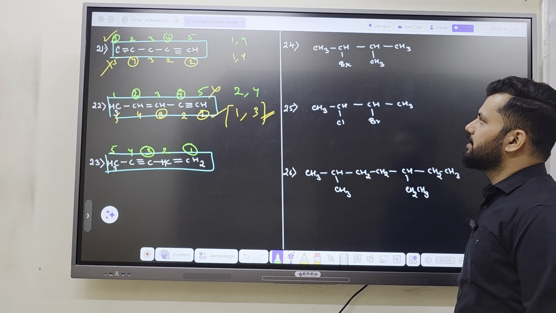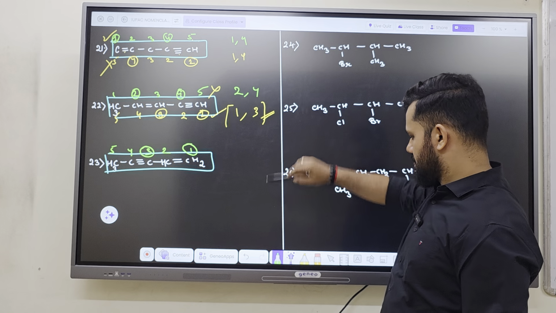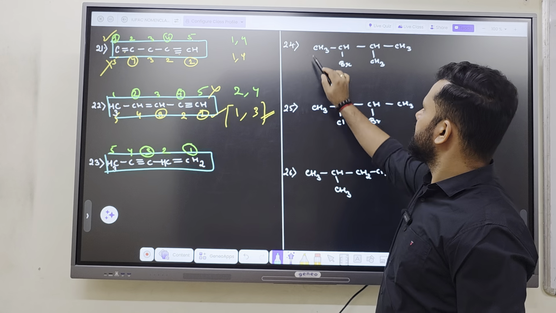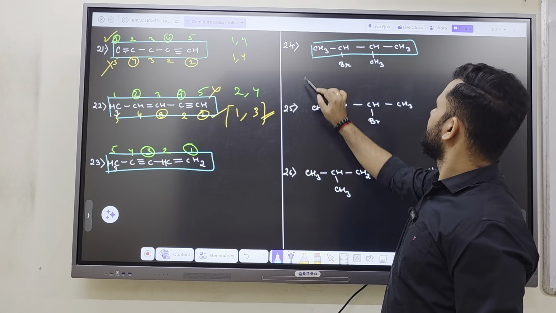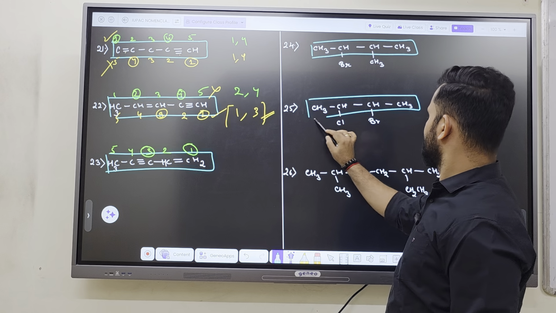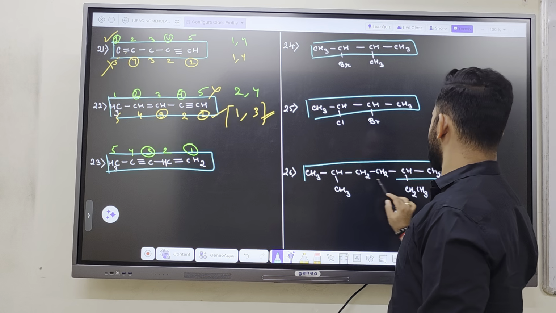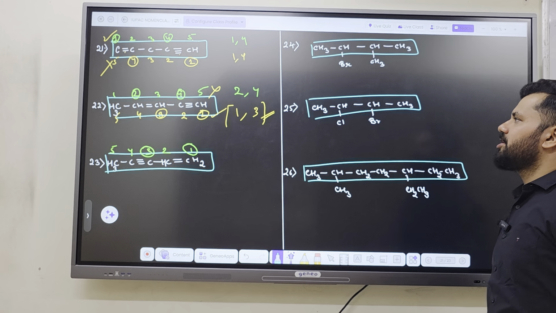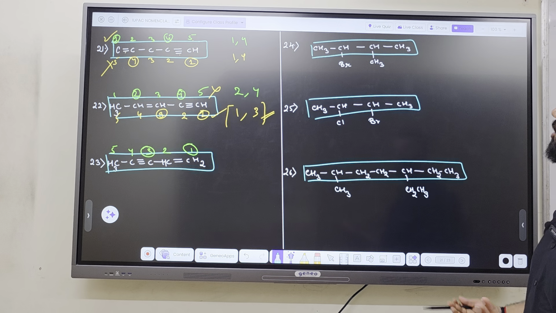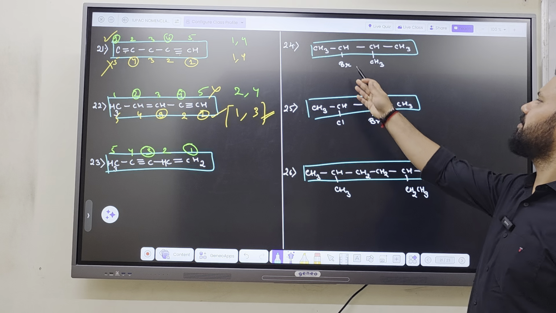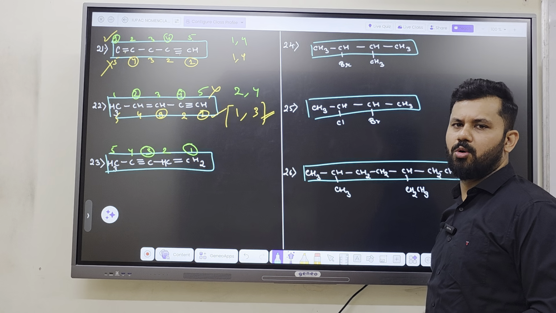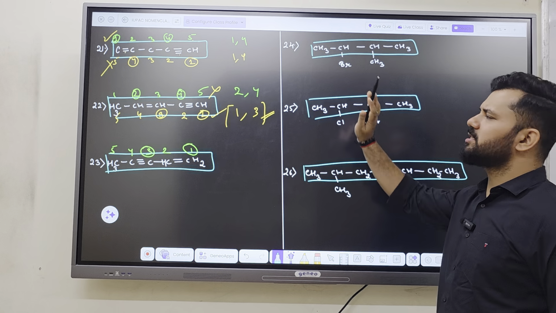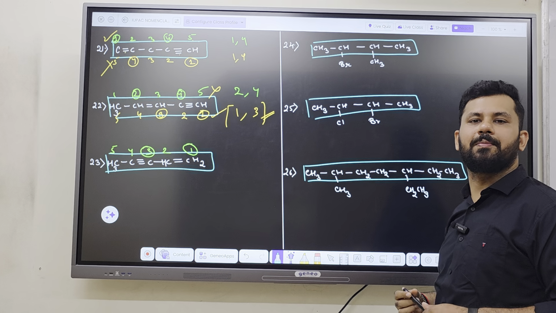Let us move to example number 24. This one is the PCC. All these are simple ones. First priority is to be given to the functional group, but there are no functional groups. Sir, there is one functional group, bromine, bromo. No. Halogens are not functional groups in IUPAC naming.